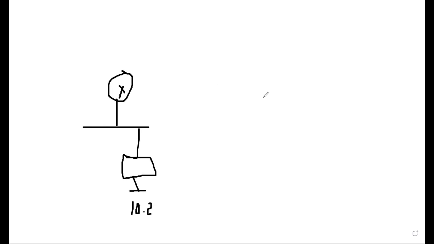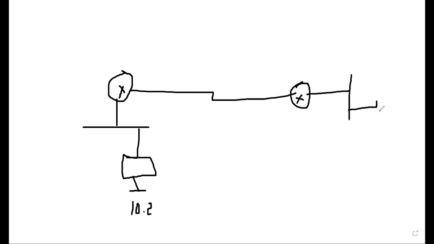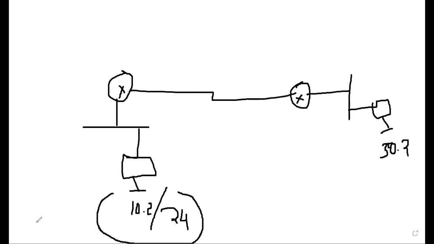You are writing an access list statement towards your 30.2 destination, which we discussed just now. When you write an access list statement, you need to define a wildcard mask to fulfill your statement. Your question is that you need to deny 10.2 traffic, which is /24. Let's say 192.168.10.2. So what could be the wildcard mask of 10.2?